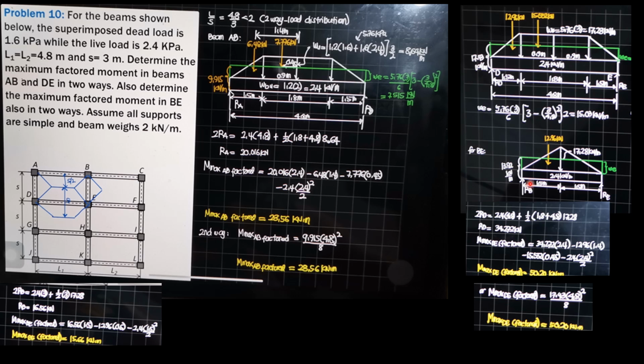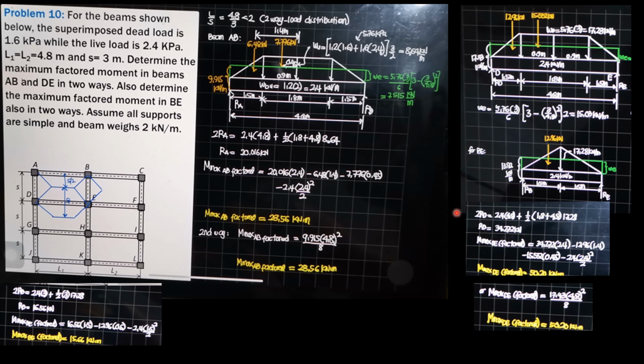So the maximum moment factored, which occurs at the center, is equal to RB times 1.5. So 16.56 times 1.5 minus 12.96 times 0.5, then minus the moment of the rectangular uniform weight of the beam, 2.4 times 1.5 times 1.5 over 2, or simply 2.4 times 1.5 square over 2. So it is equal to 15.66 kilonewton meter.